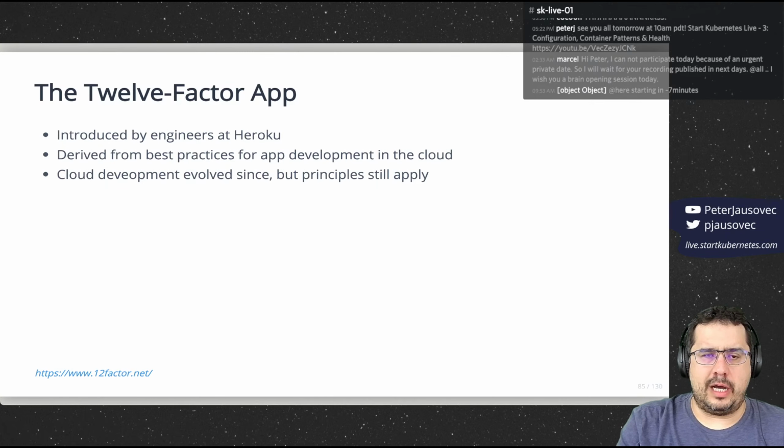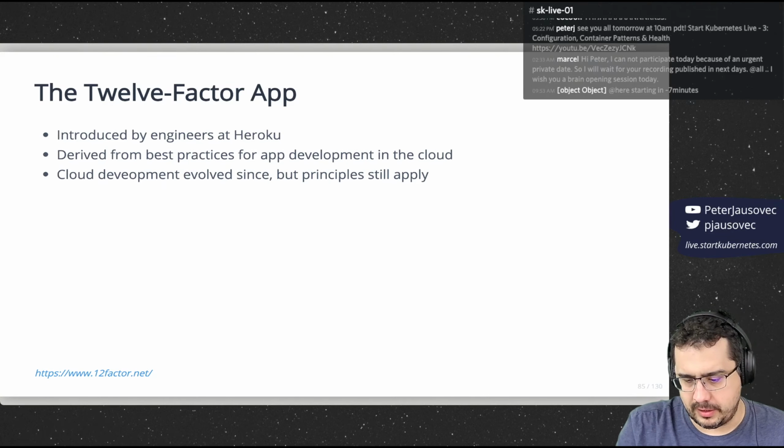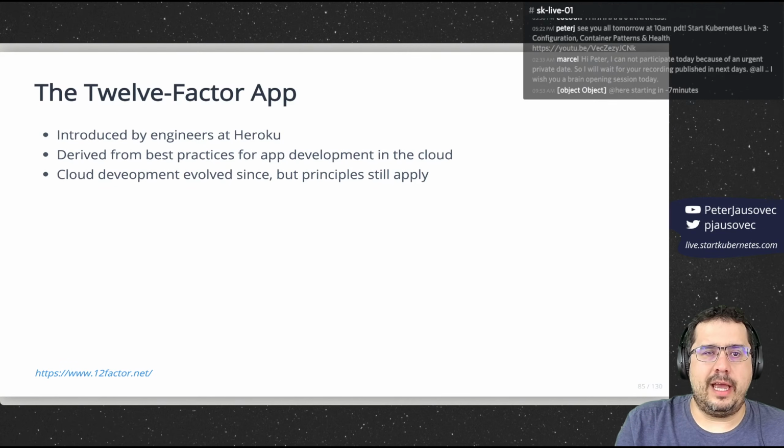Okay, so I don't know how many of you have heard of the 12-factor app. Not gonna spend too much time on this, just want to mention that it is a manifesto that was created by engineers at Heroku around 2011, and it was derived from their best practices and things that they noticed as they were building SaaS applications. Now, cloud development has evolved since this came out, but the principles still apply, or they can at least be used as a baseline.